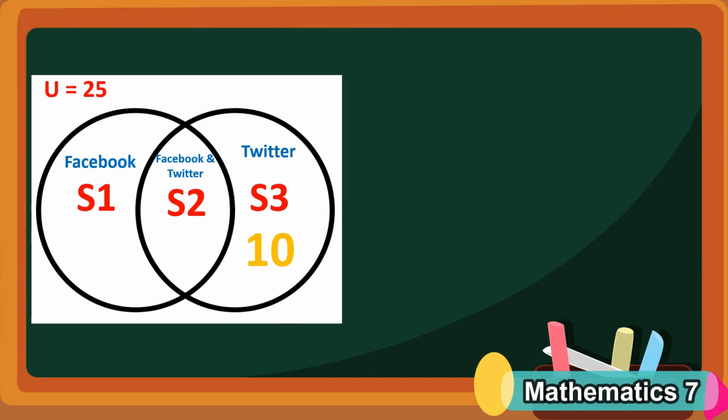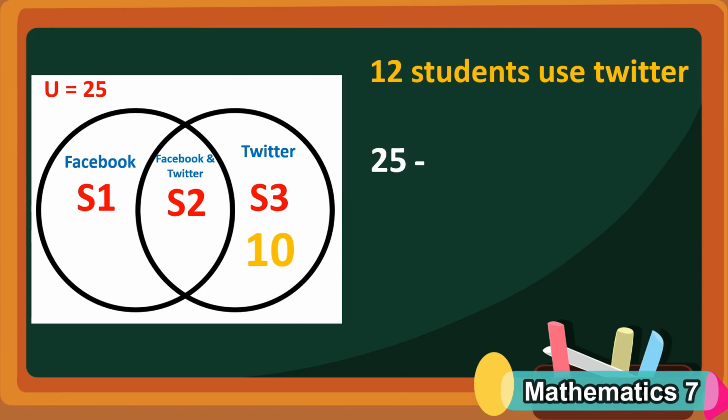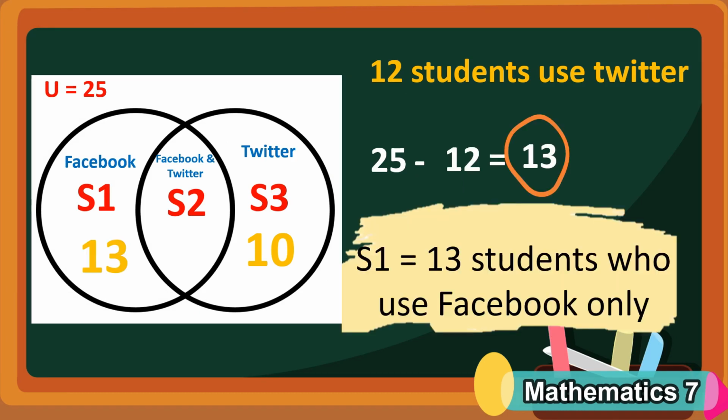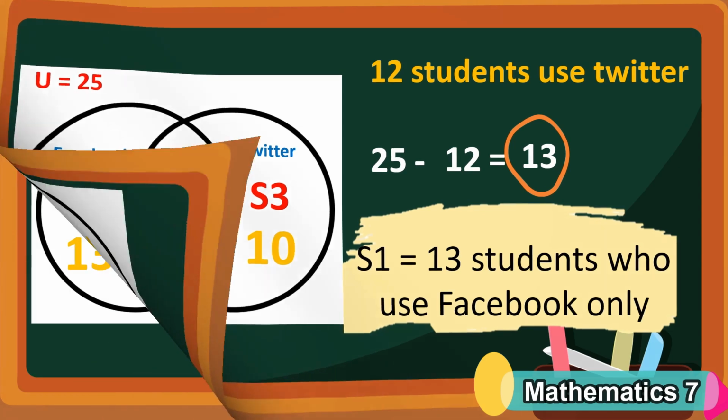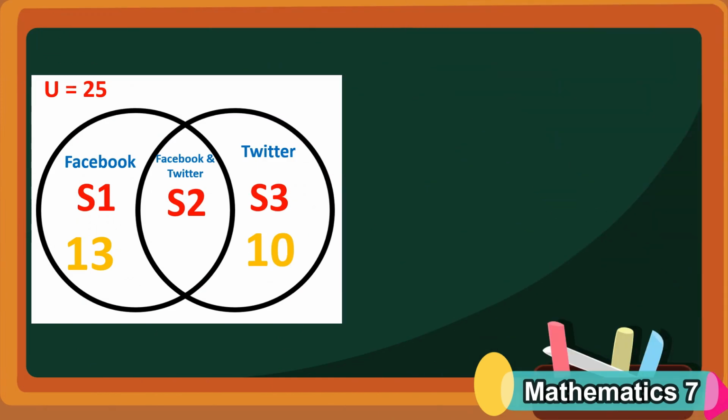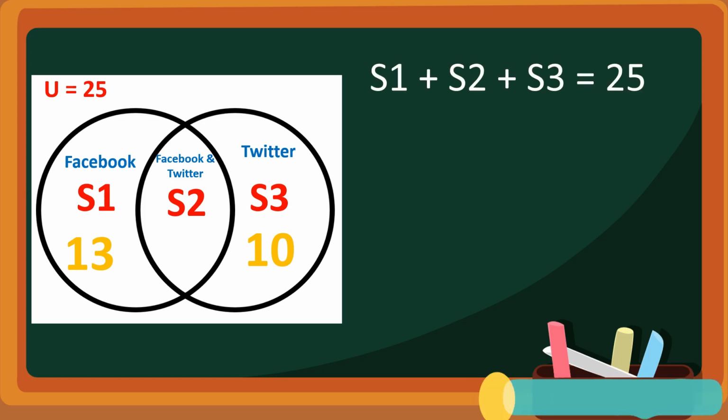Earlier, we know that 12 students use Twitter. Subtracting 12 from 25, the answer is 13. Therefore, S1 is equal to 13 students who use Facebook only. To find the number of students who use both networking sites, let's use this formula. S1 plus S2 plus S3 is equal to 25.